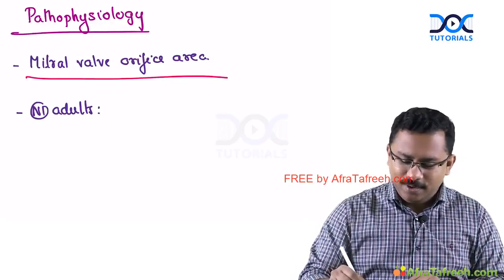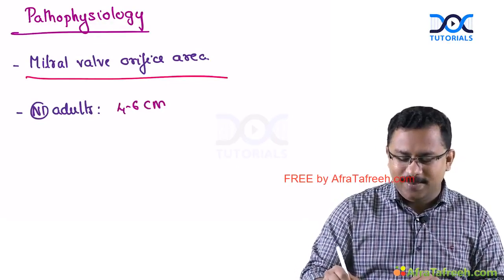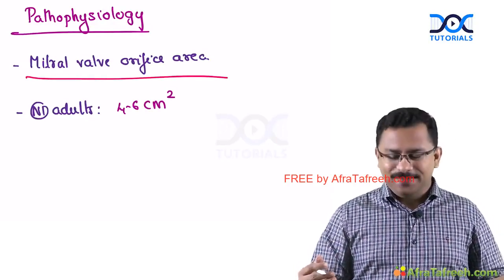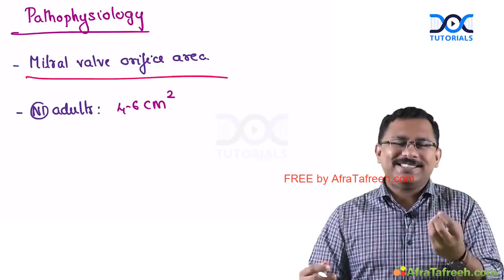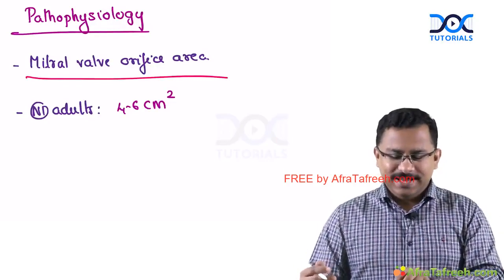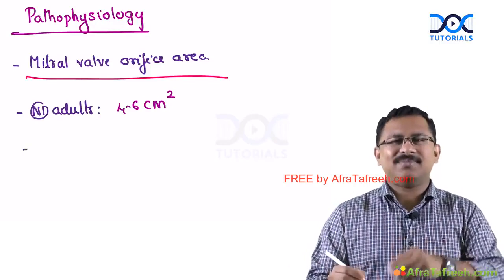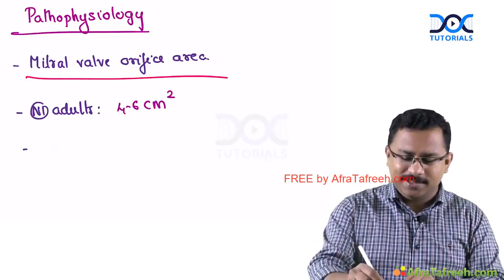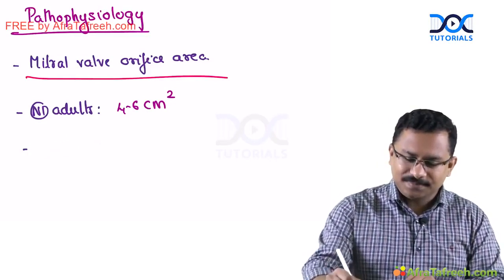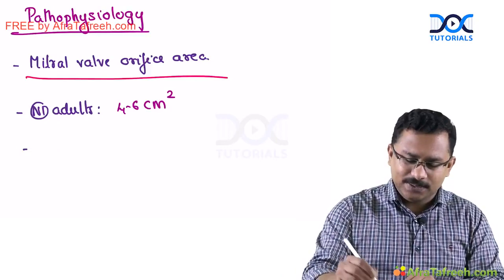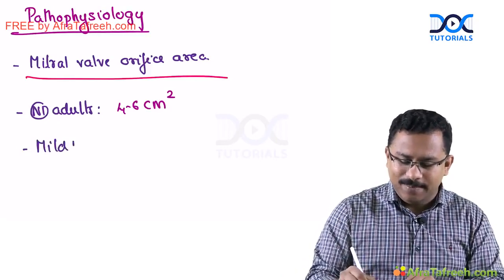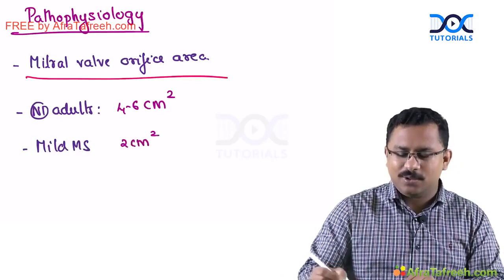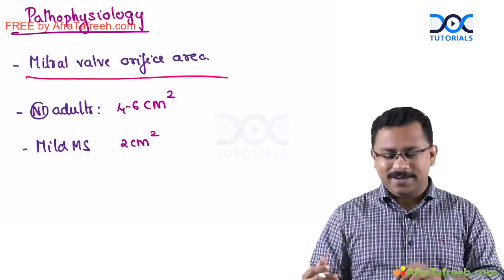When this orifice is reduced and becomes around 2 centimeters square, you call it mild mitral stenosis.